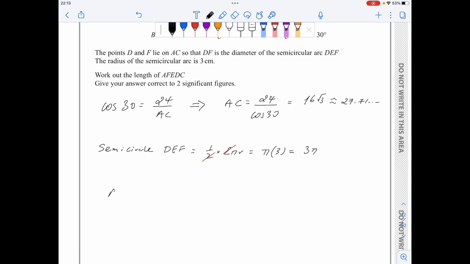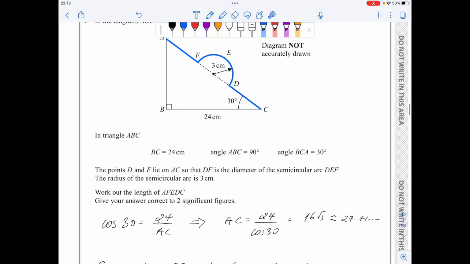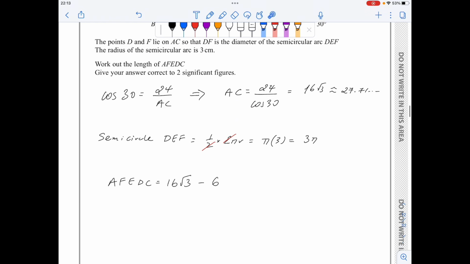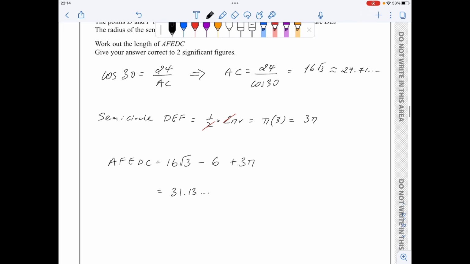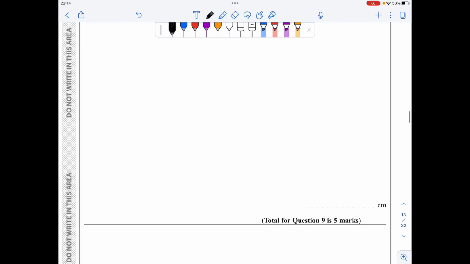Hence, AFEDC is equal to 16 square root of 3 minus 6, that's the distance from F to D, plus 3 pi, which is the semicircle, and this will give me 31.13 and so on. I need my answer to two significant figures, so the final answer will be 31 centimeters.